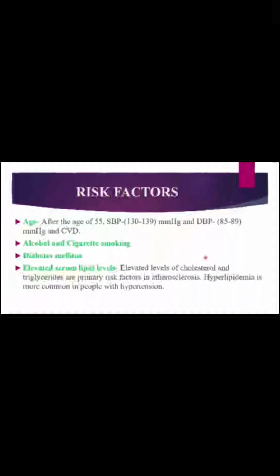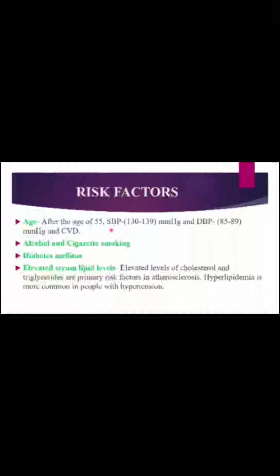Then the risk factors. What are the risk factors for hypertension? Age is a higher risk, because if the age is more than 55, the person is more prone to getting hypertension.